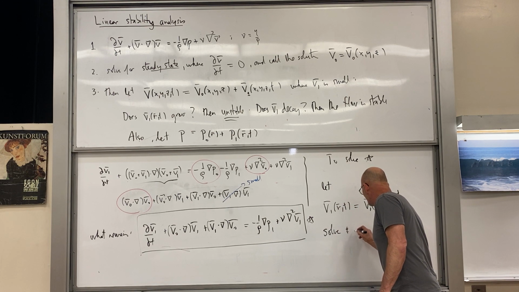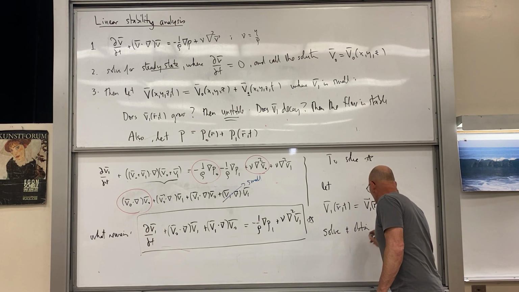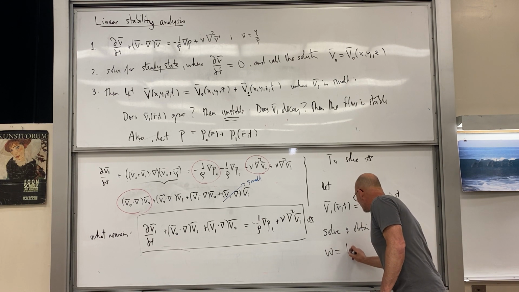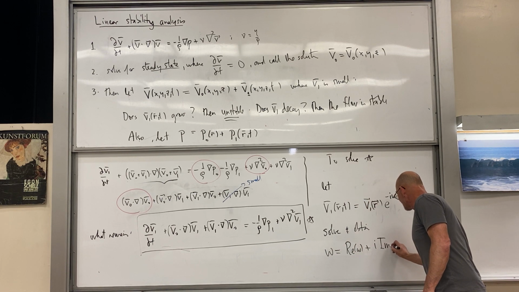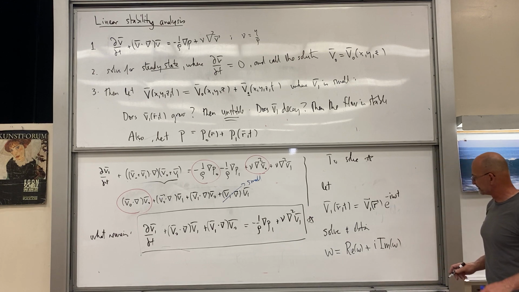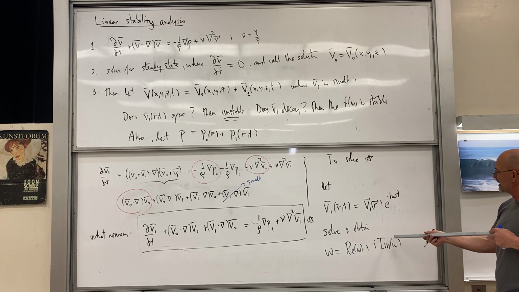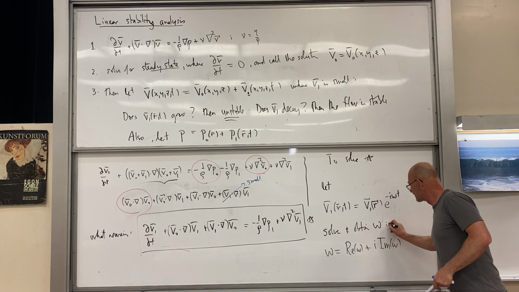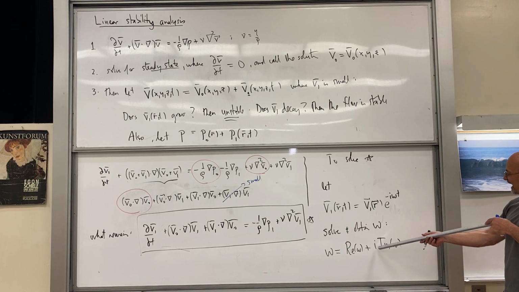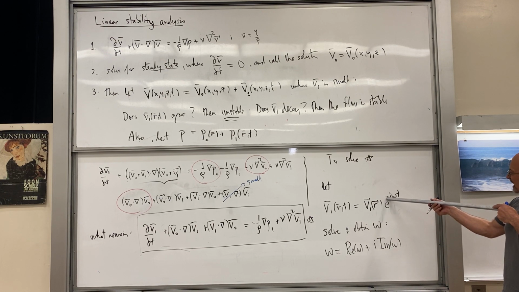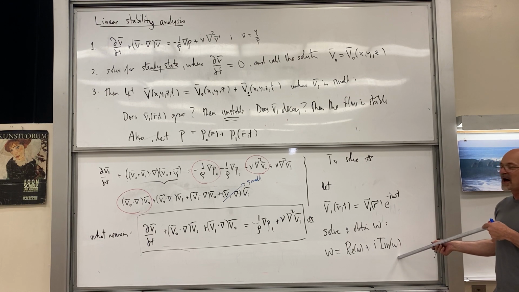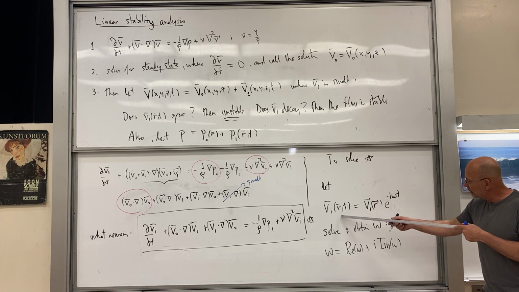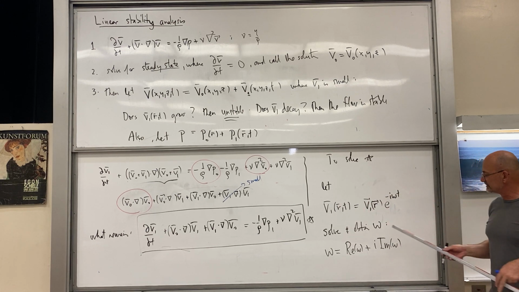and obtain omega equals the real part of omega plus I times the imaginary part of omega. And here's the whole thing now. If you obtain this omega and you plug in here, minus I times I as plus, so if the imaginary part of this omega that you find is positive, then this whole solution explodes and you have instability.